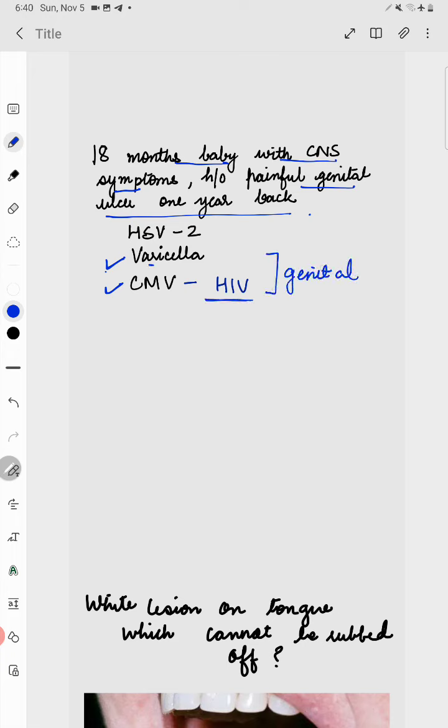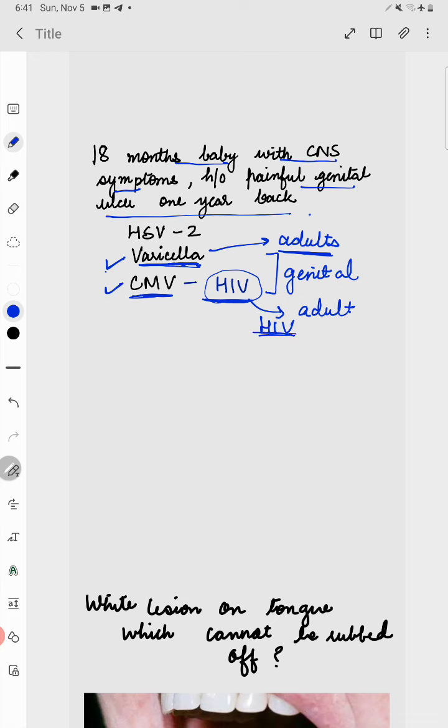Varicella in adults might cause genital ulcers, not in a baby. It's very unlikely to cause genital ulcers in a baby, and CMV will cause genital ulcers usually in an HIV positive adult.